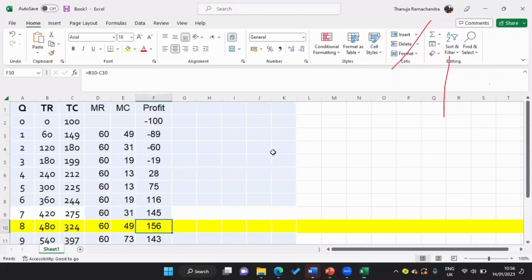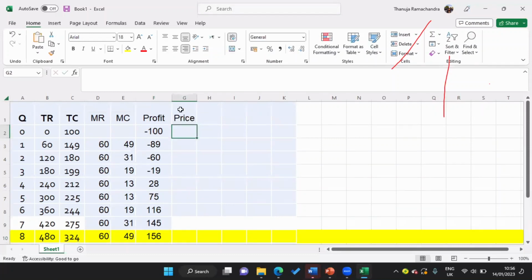So price. What did you say? TR divided by Q. Total revenue divided by quantity output. That is actually average revenue.